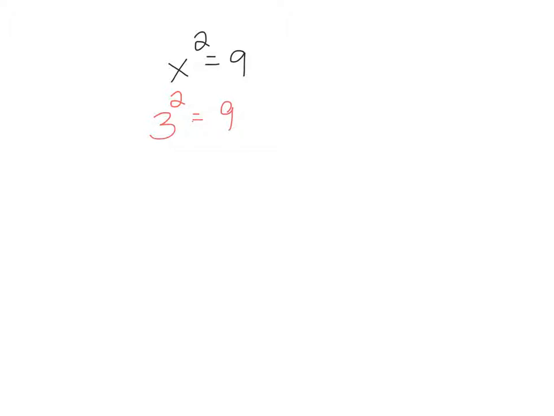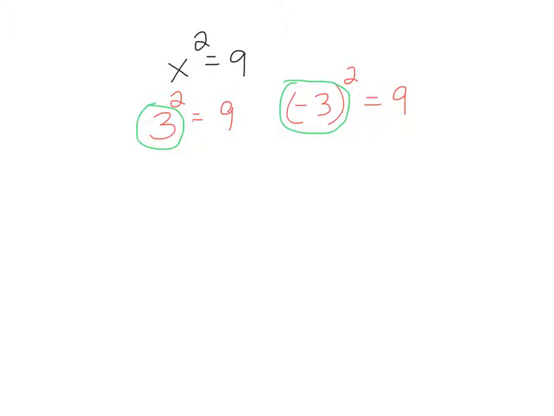But another answer for that could be negative 3, because negative 3 squared, negative 3 times negative 3, is also equal to 9. So in this particular case, I have two different solutions: x is equal to 3 and x is equal to negative 3.